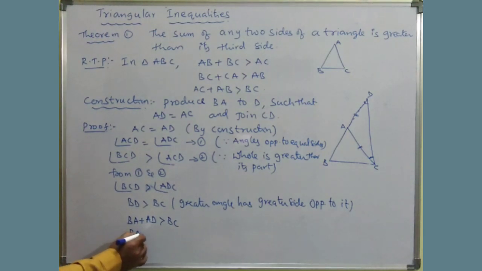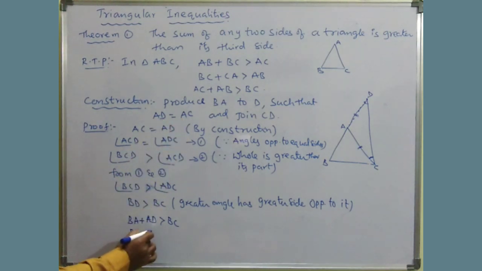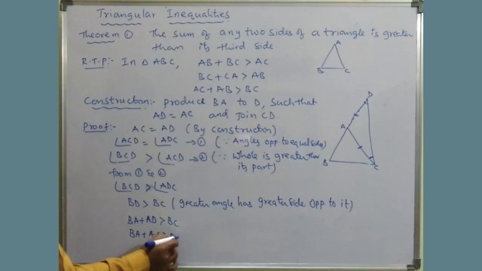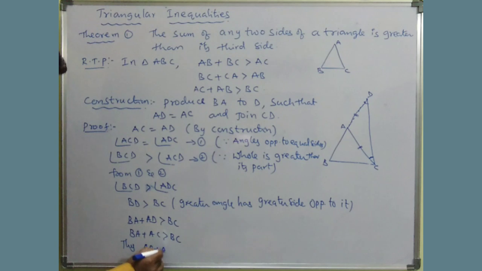Hence I can say that here BA plus, in the place of AD, I can write AC, which is greater than BC. Thus what we got? BA is nothing but AB, so AB plus AC is greater than BC.